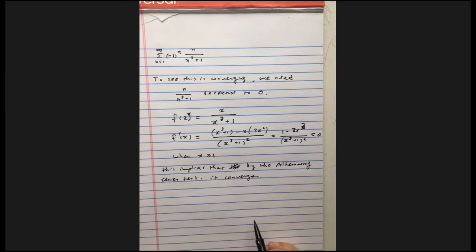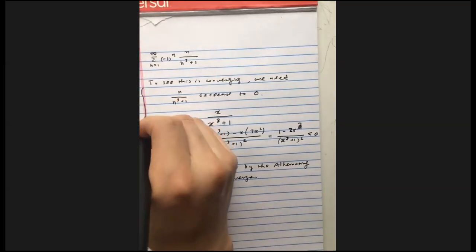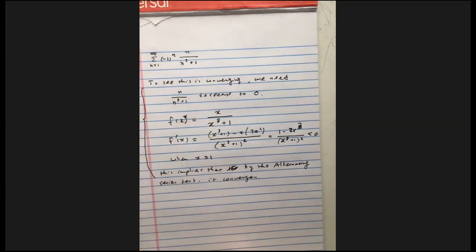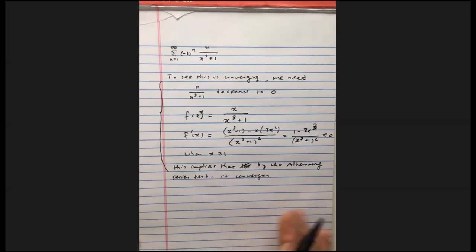Okay. But by doing all these arguments, what we really get is that this tells you that this series is converging conditionally or absolutely. Can we say anything about that?